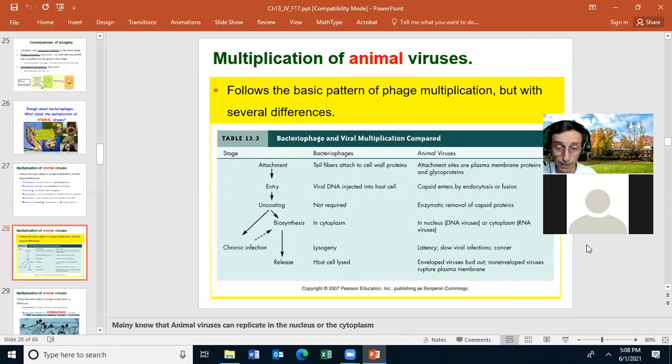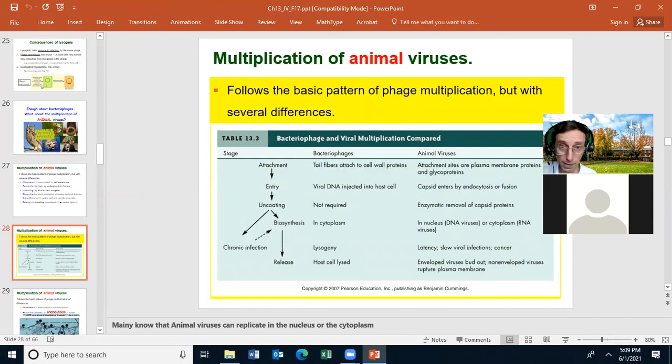A bacteriophage, of course, can only replicate in the cytoplasm because that is the only portion of the cell in a bacteria cell. But an animal virus can replicate either in the nucleus or in the cytoplasm, and that's because animals have a nucleus, and all eukaryotes do.